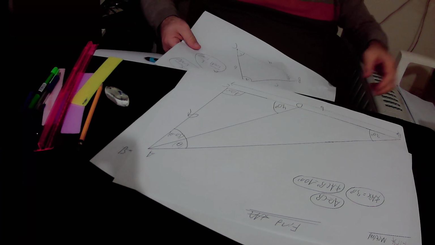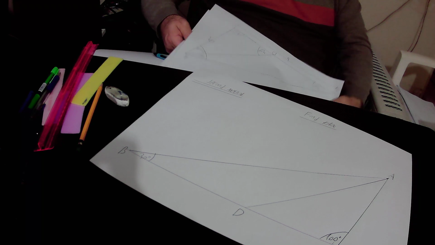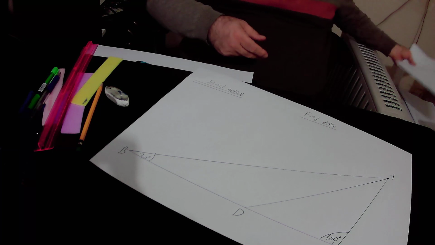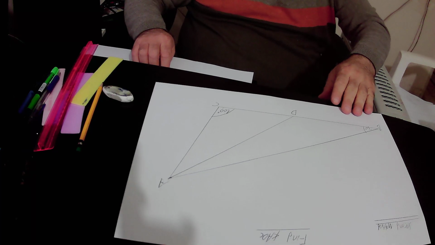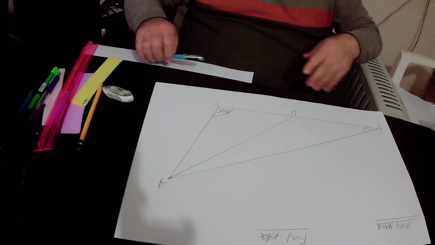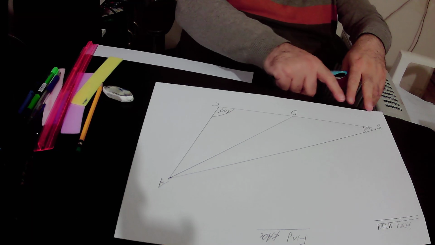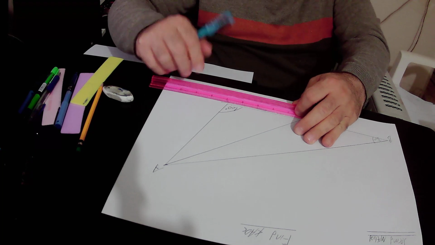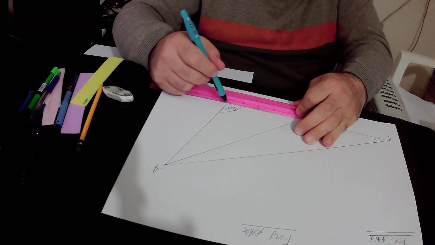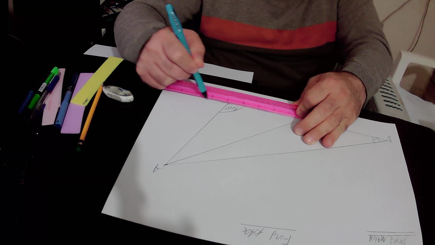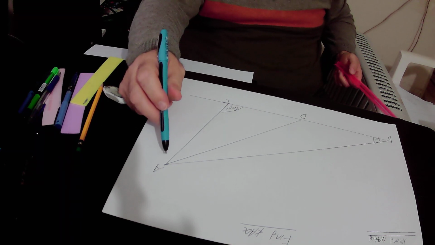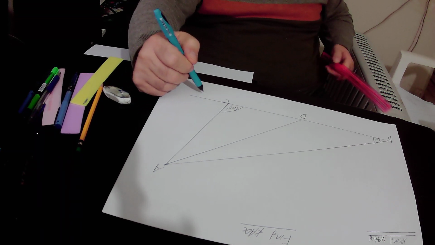So in the second method, we will do a construction. We will extend side BC by a straight line, and from point A we will draw a perpendicular to the extended BC.